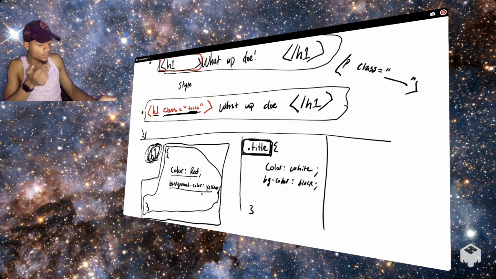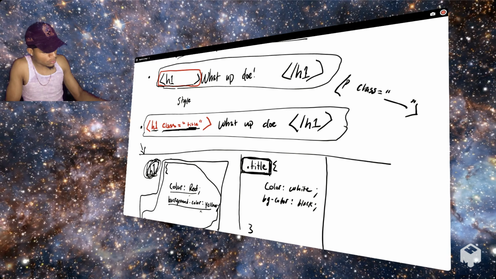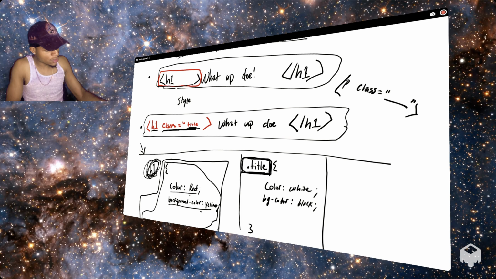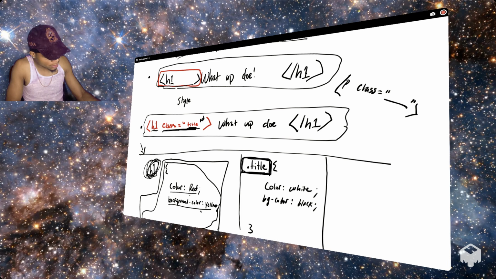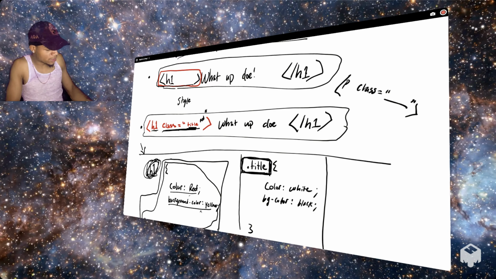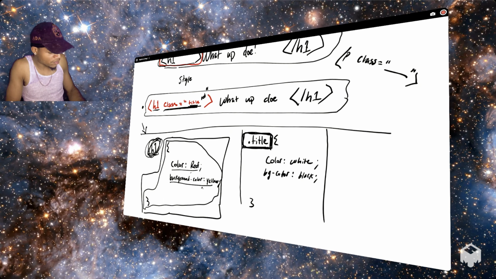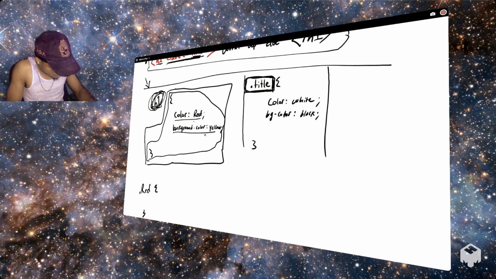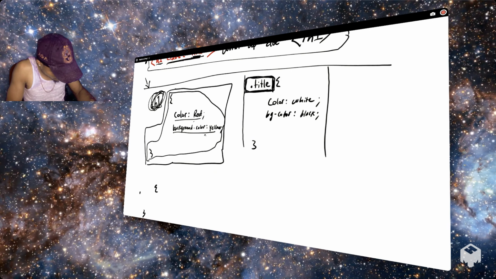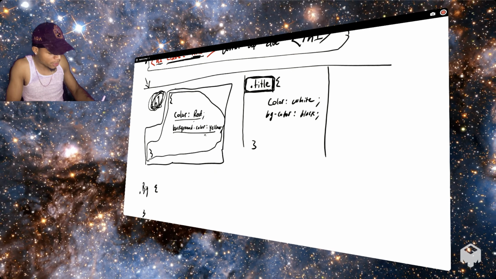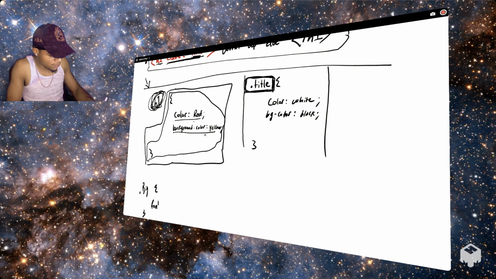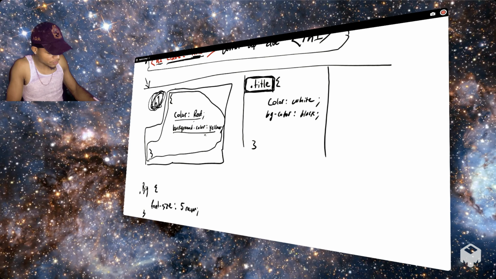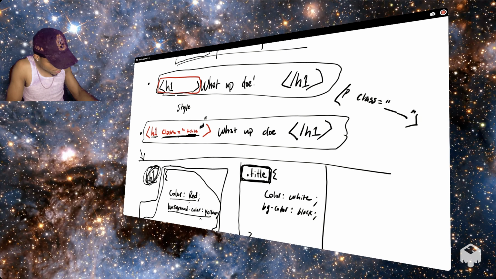So what we can do is also, not only can this H1 tag have the class title, but it also can have, if we space it, the class red. Let me not call it red. I'm gonna call it big, so we don't confuse each other. We call it big, and let's call it font size equals 5 rem. Cool. So we have a class called big.